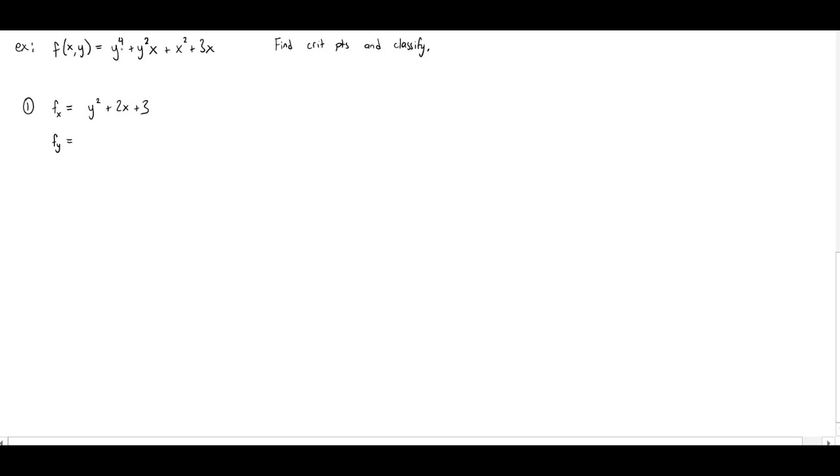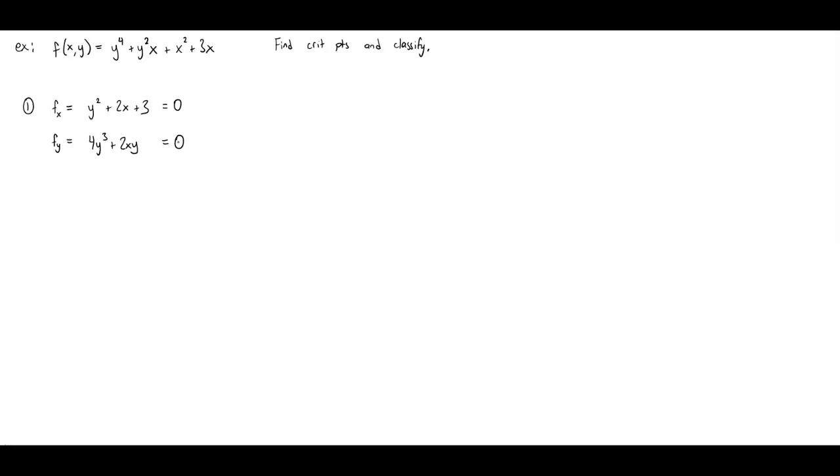It's going to be 4y cubed plus 2xy, and I think that's it. All right, so we want to set them equal to 0 and then solve for x and y to get our critical points.